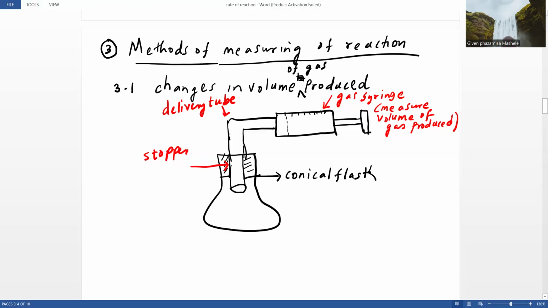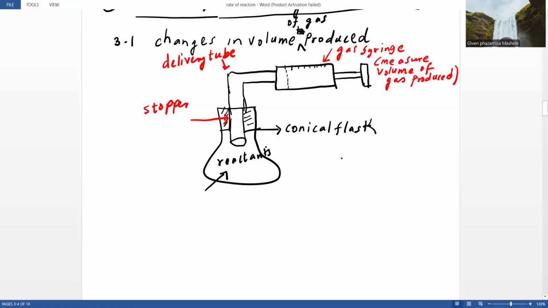So now, what does it mean? Inside there we will be having the reactants, or the reacting substances. When these reactants react, we'll be looking at how fast the volume of the gas is being produced, in terms of time, and we'll be recording that.